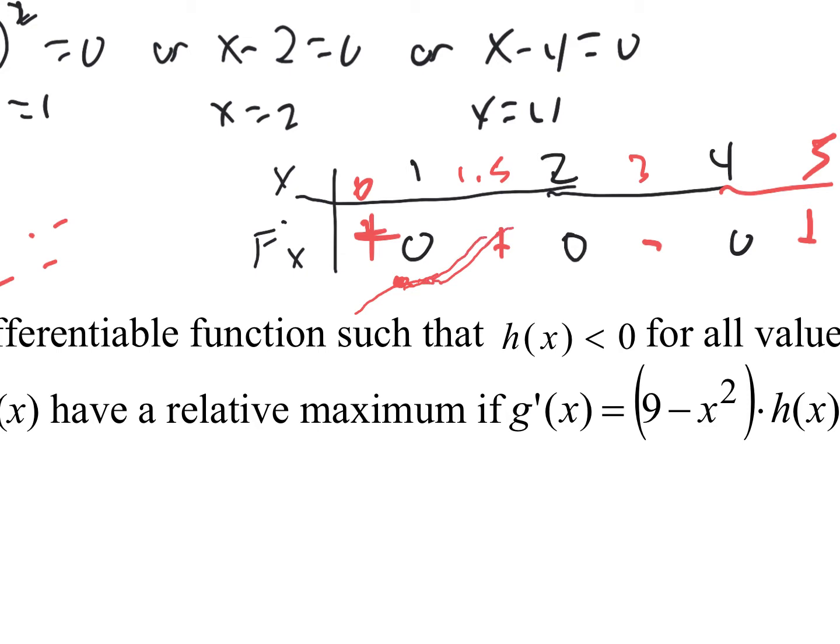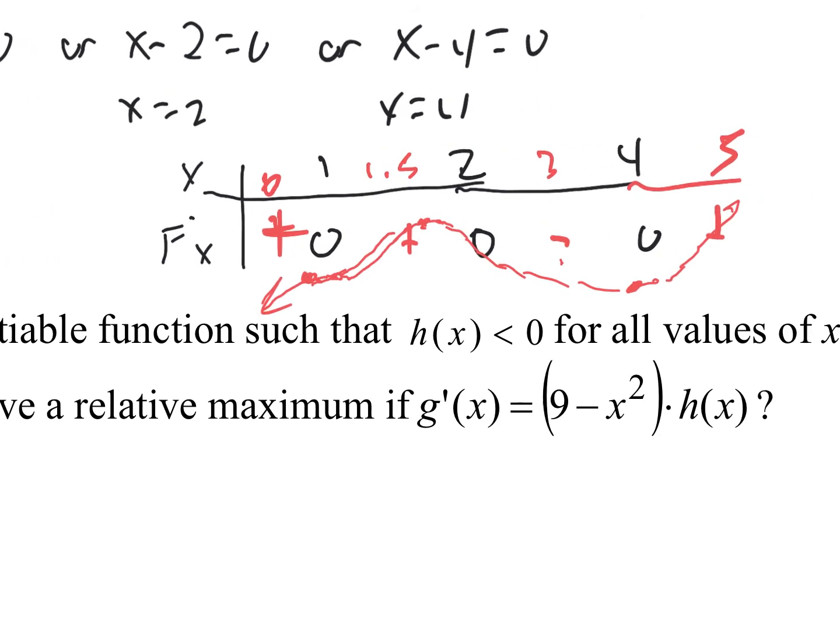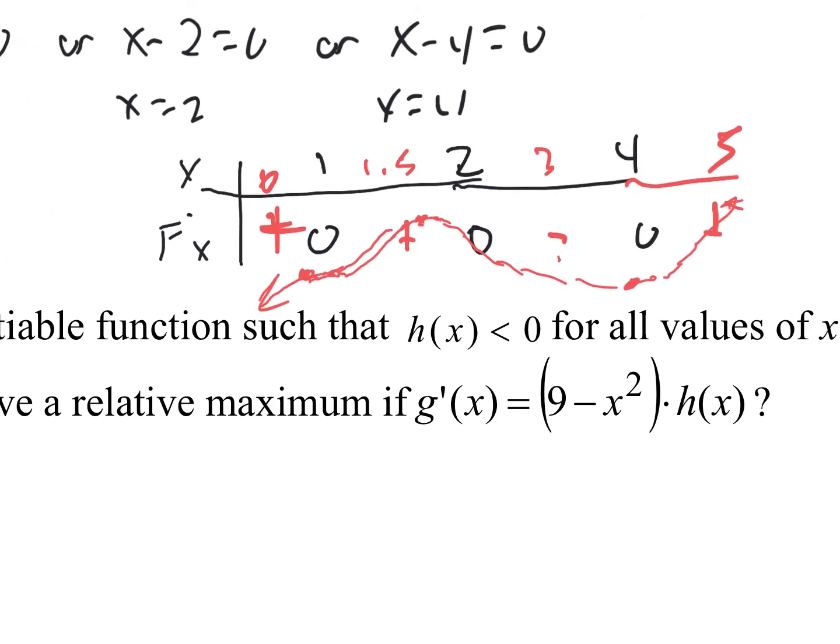And it maxes out again, so I have another one there. And after this max, then it does go down because of this negative. And it goes down, and then it maxes out again, and I have a minimum. Then it's going up again. You see? So that's what that picture looks like. That goes down forever, and this is going to go up forever. That's a pretty good picture.